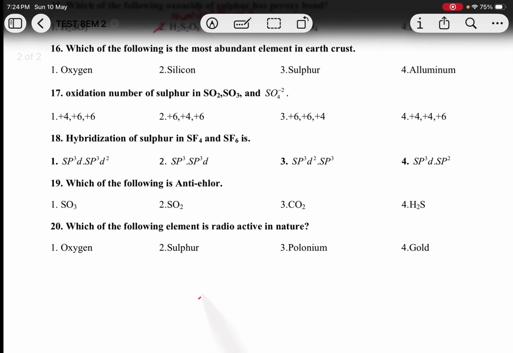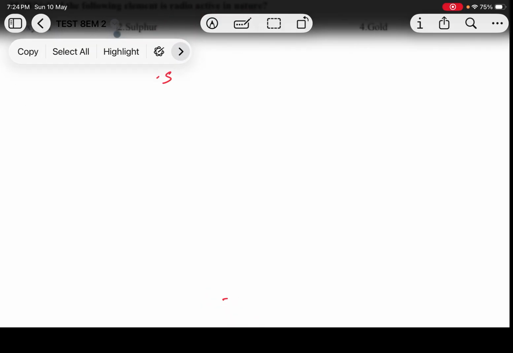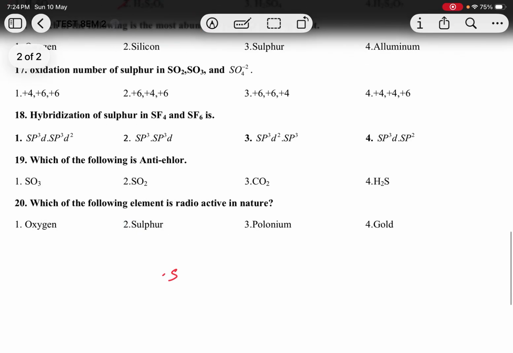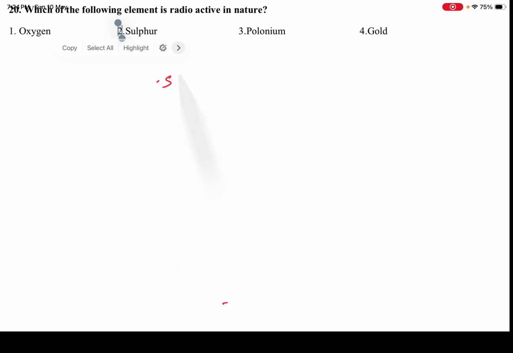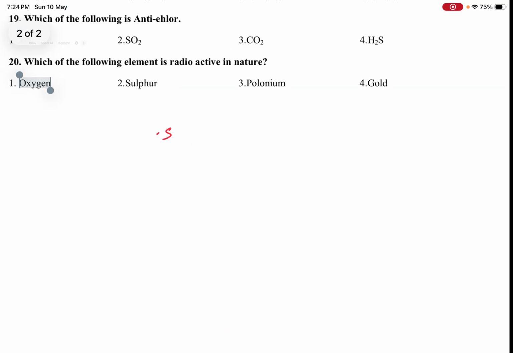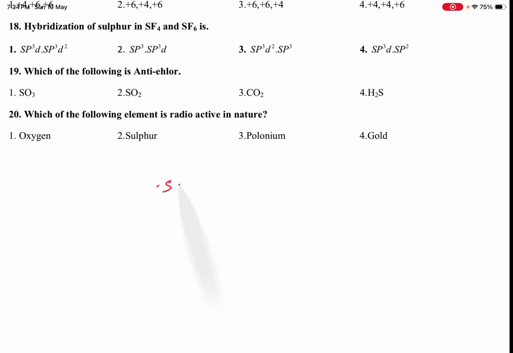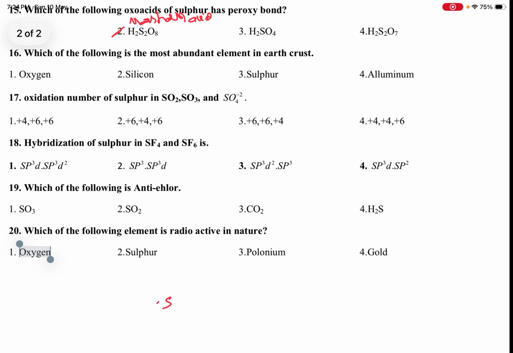So its structure is S, double bond O, double bond O. So this is the structure of Marshall's acid, which contains a peroxy bond.